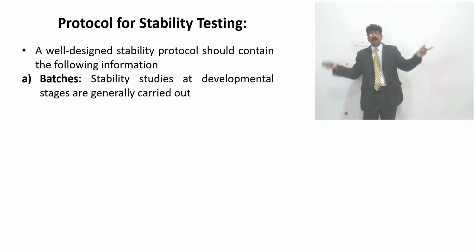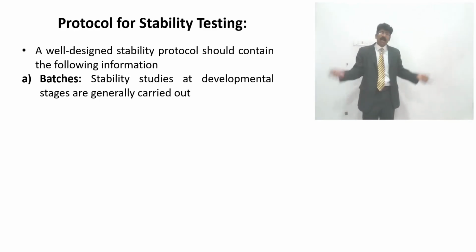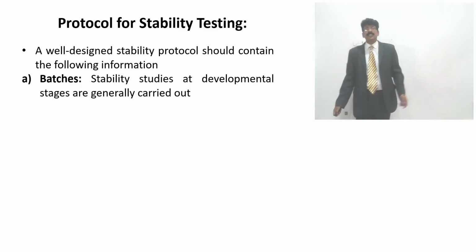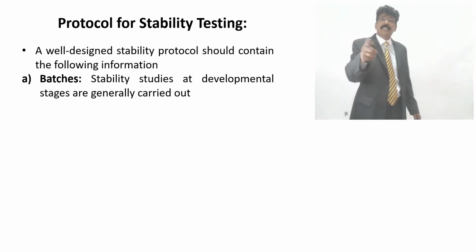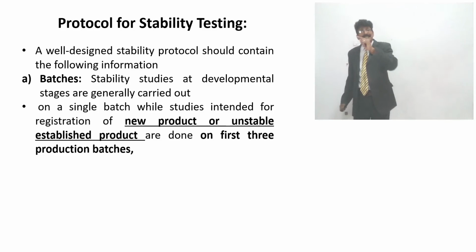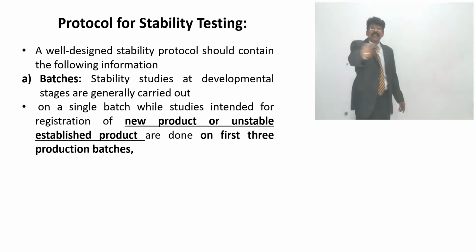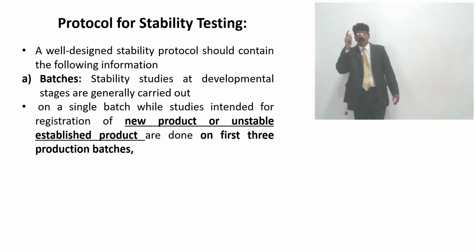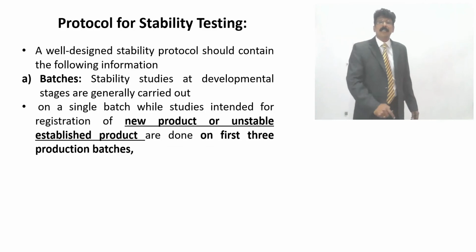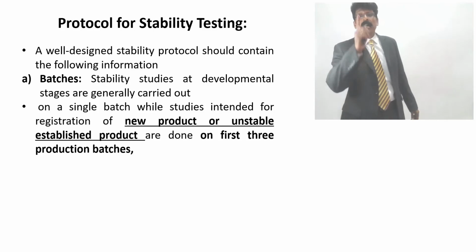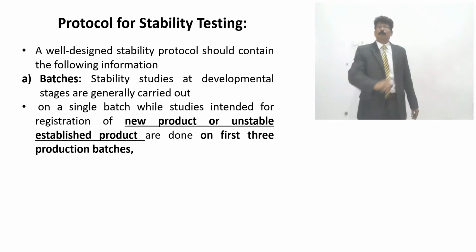Number 1, which you have seen in the picture, batches. Stability studies at developmental stages are generally carried out on a single batch, while studies intended for registration of new drug products or unstable established products are done on the first 3 production batches.